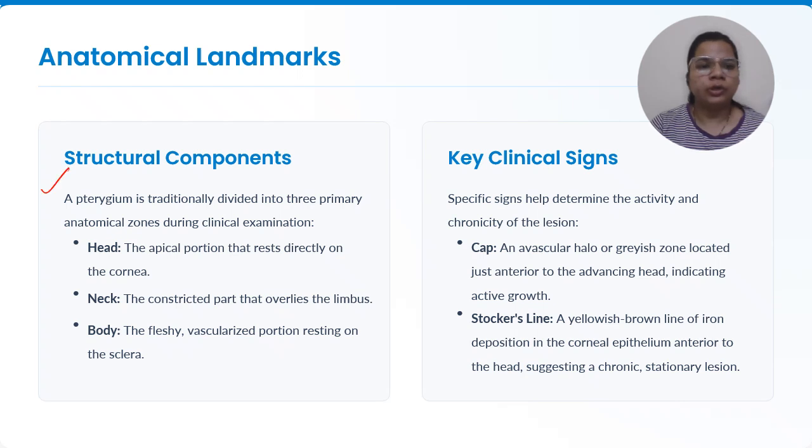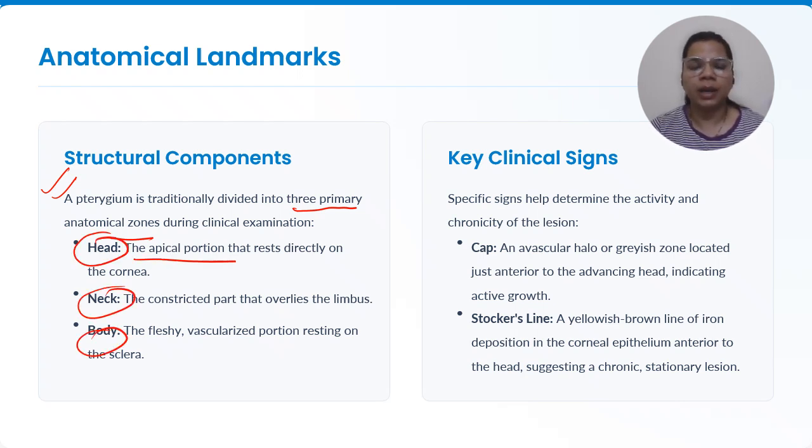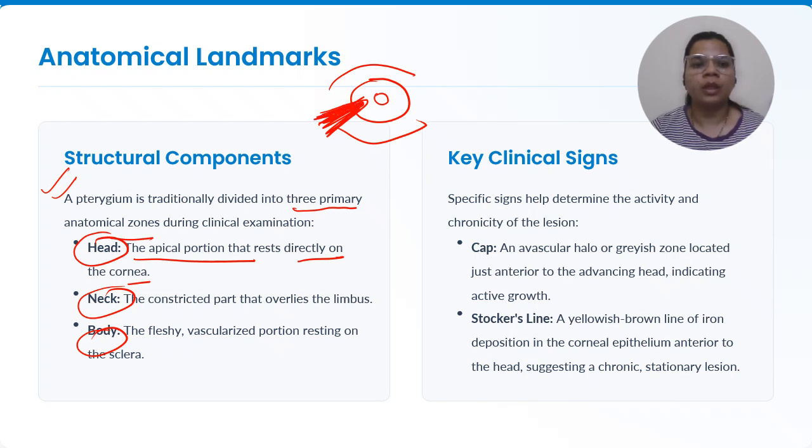Next, what are the structural components? The pterygium has been divided into three basic zones: the head, the neck, and the body. The head is the apical portion that rests on the cornea. So if this is the cornea, and for example, we take this as a pterygium lesion, this is the apical region.